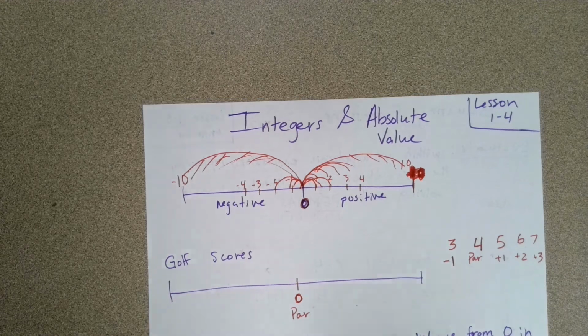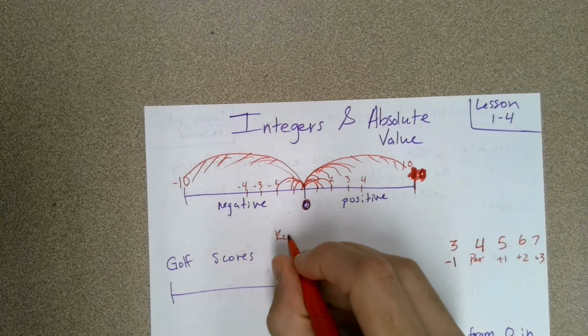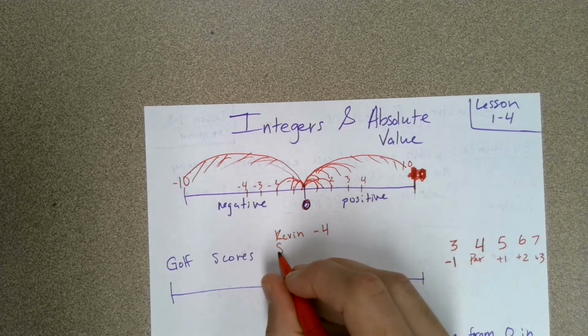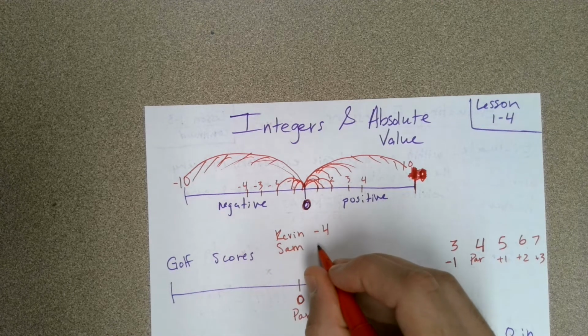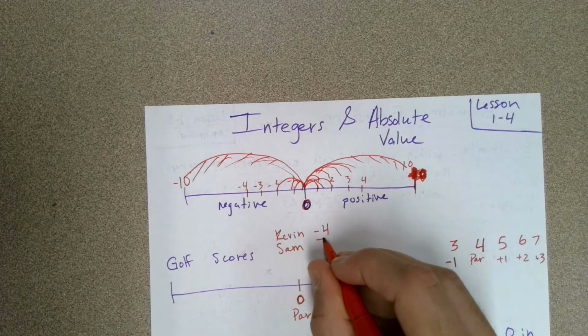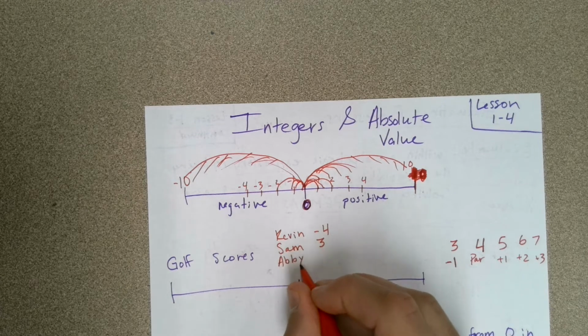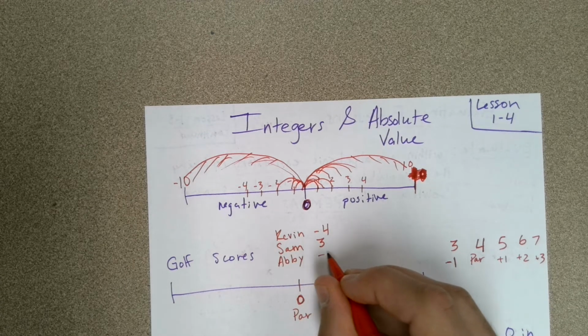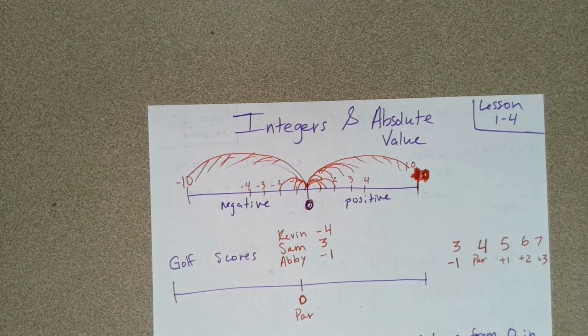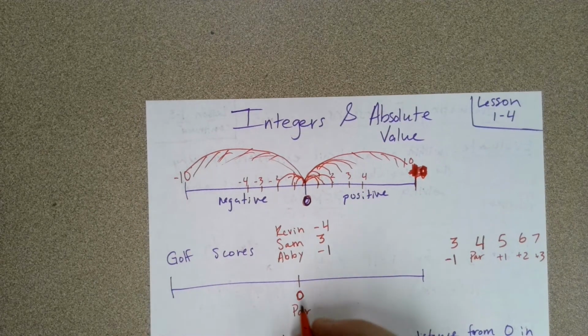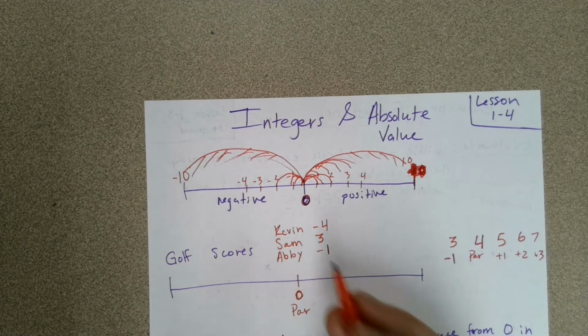So I'm just going to make up some golf scores here. We got Kevin with -4, Sam with 3, and Abby with -1. All right, so we're going to jot these on our number line right here. First I'm going to start with Kevin.